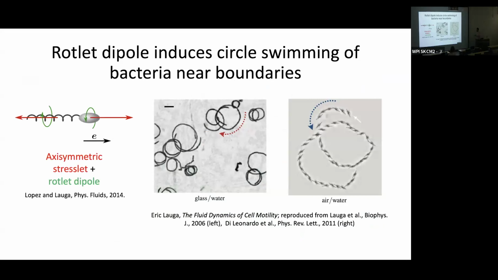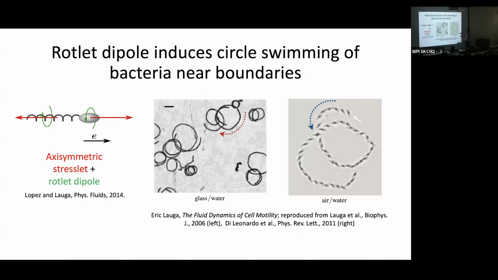This is important for bacteria. Again, I said these two pieces of the bacterium are counter-rotating, so there's no net torque, but there is a Bartlett dipole, two point torques in equal and opposite direction. This gives rise to circle swimming of bacteria when they're near solid-liquid boundaries or air-water boundaries.